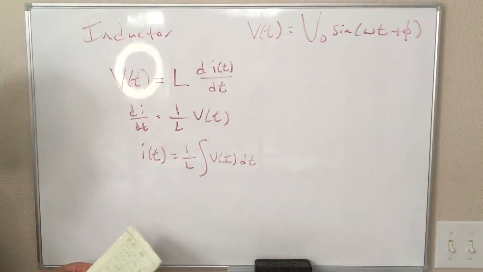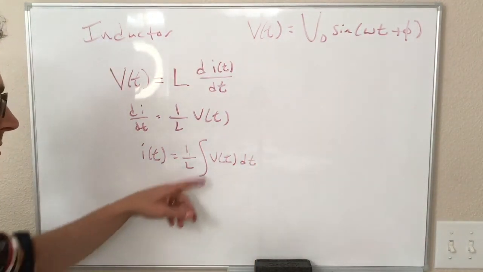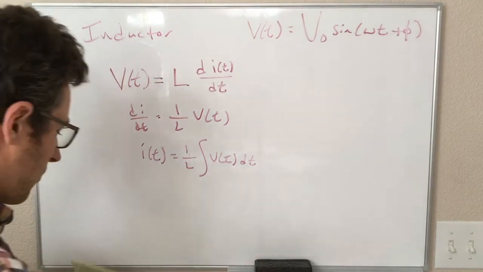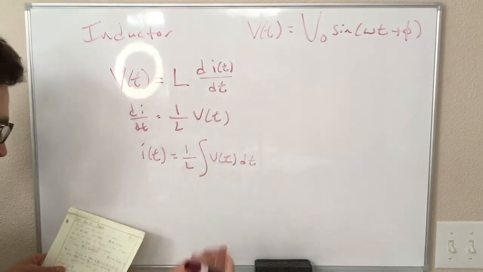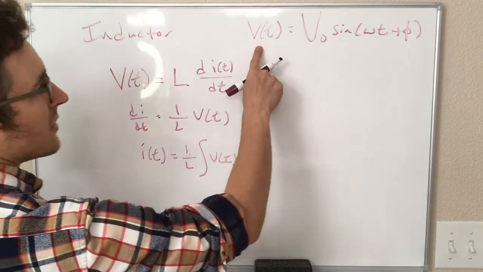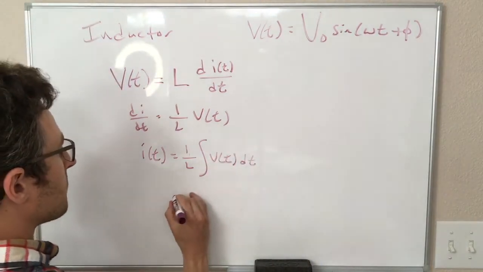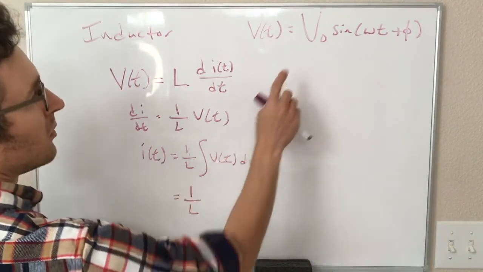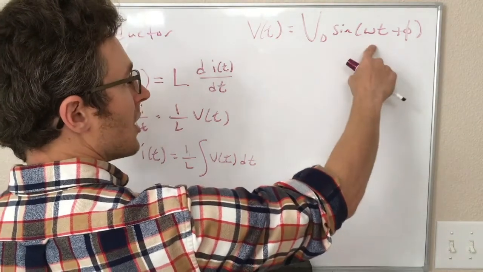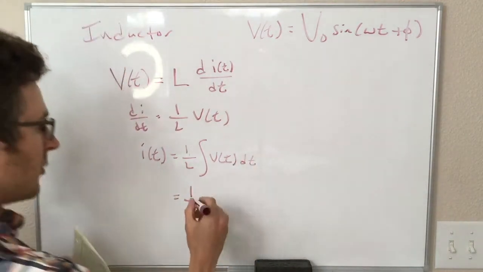Okay, we're not going to be super careful about our bounds, and yes, this could be different by a constant, but we're going to ignore that. We're just looking at the form of the solution. The antiderivative of this is going to be v naught times minus cosine of omega t plus phi, times a factor of 1 over omega that we get from the chain rule.